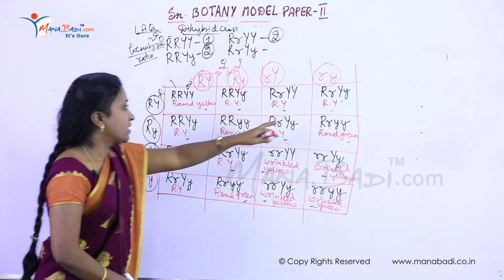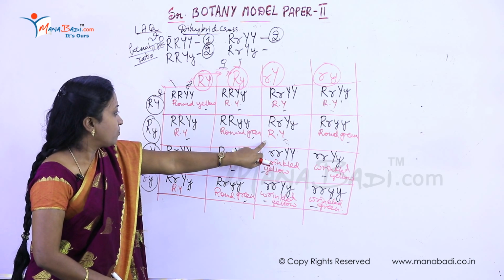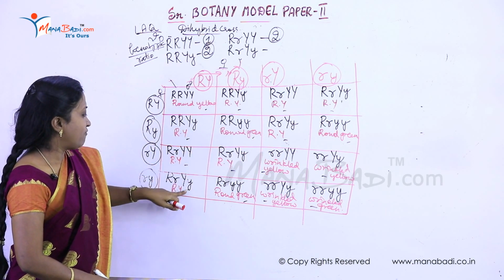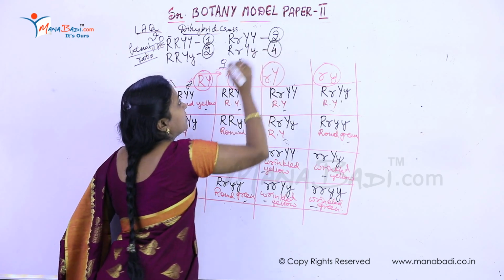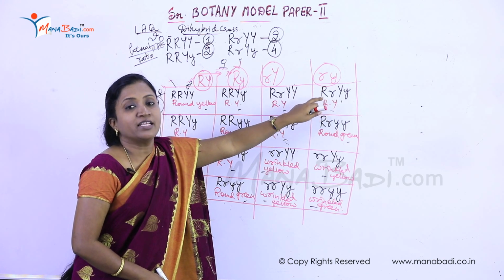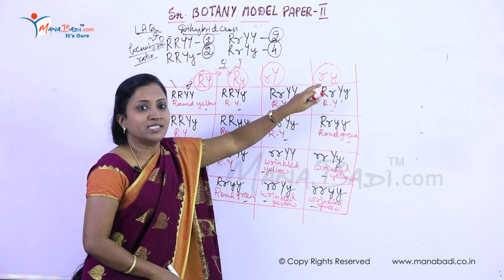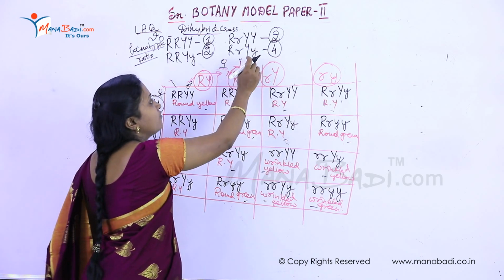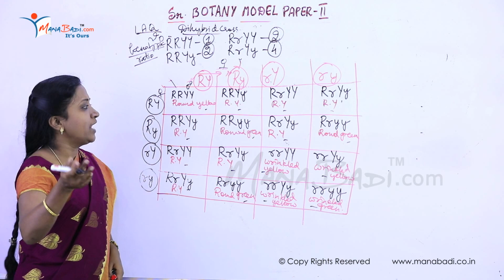How many are there? 1, 2, 3 and 4. So a total of 4 plants have this genotype, which has the phenotypic character round yellow.